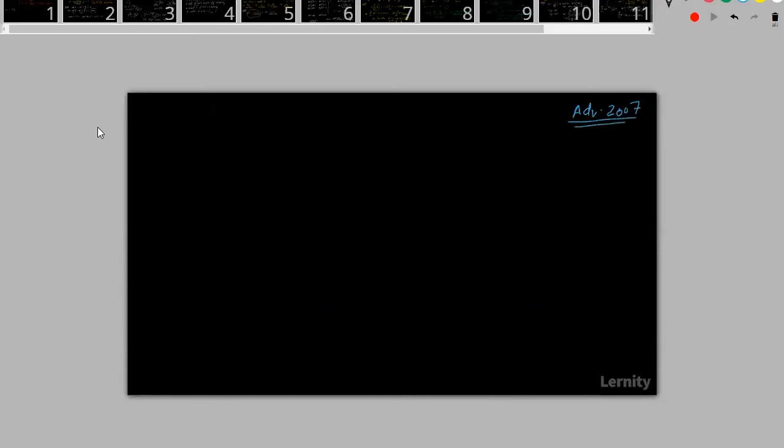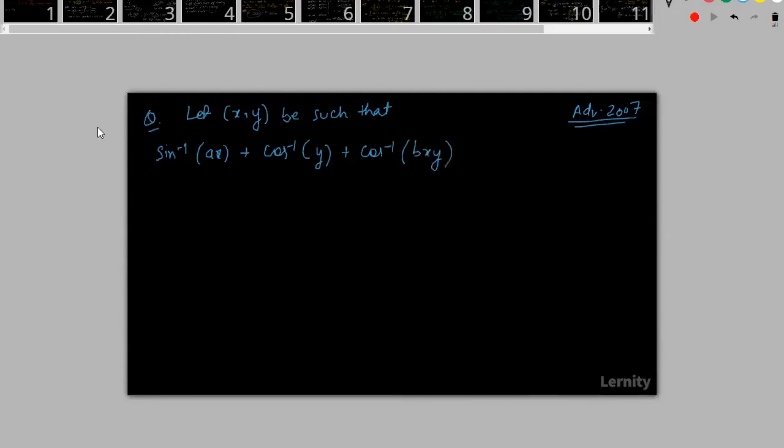So the question is: let x, y be such that sine inverse of ax plus cos inverse of y plus cos inverse of bxy is equal to pi by 2.